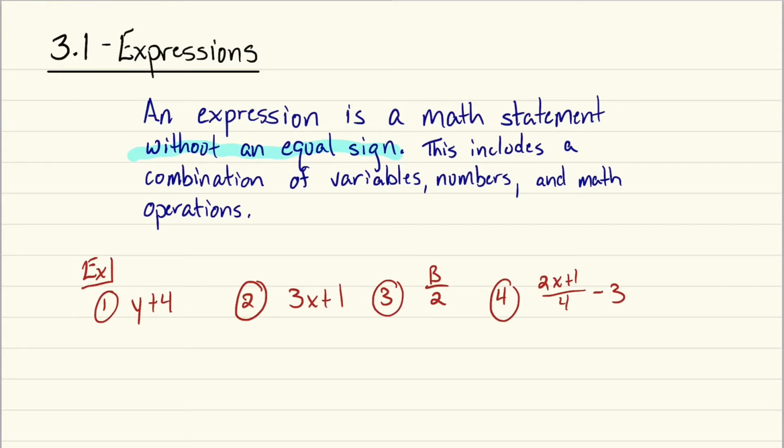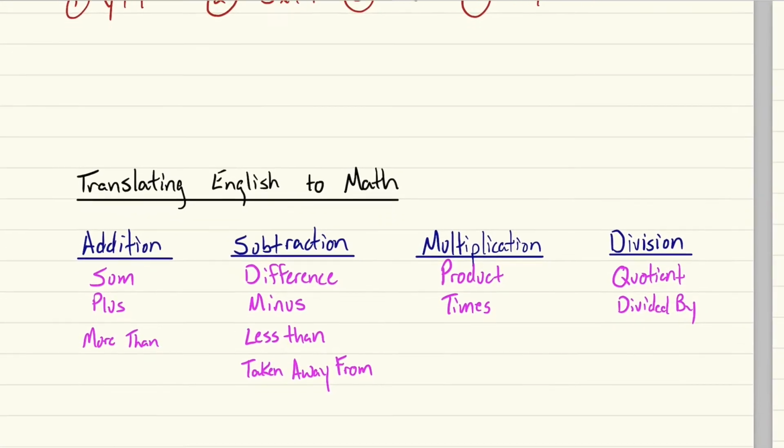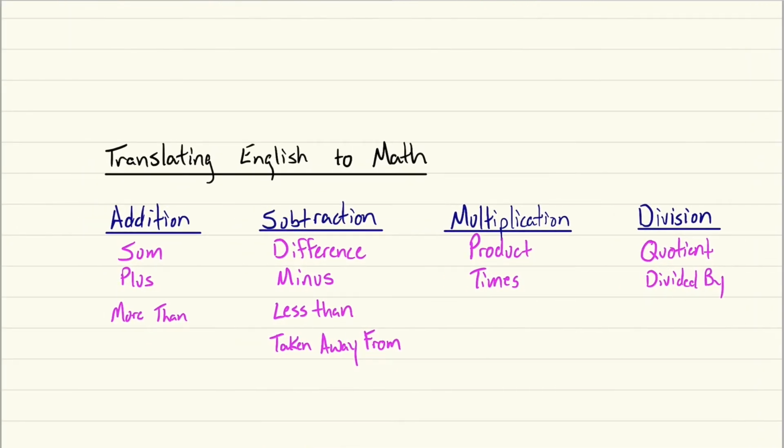sign. Now, to get more specific into what we are doing today, we're going to be talking about translating English sentences into math expressions. So, for example, you could see things that will say 2 plus an unknown value, and that would be 2 plus x.